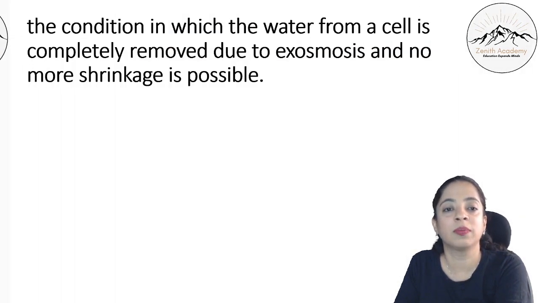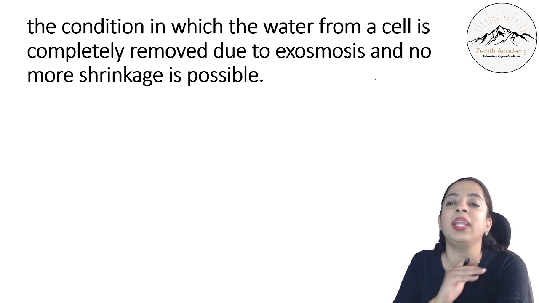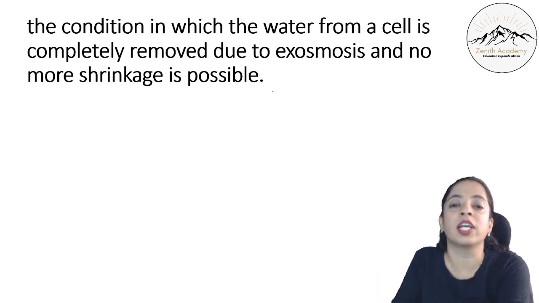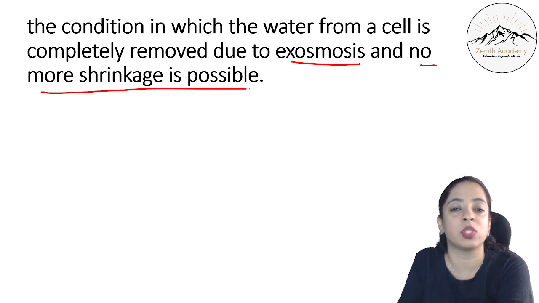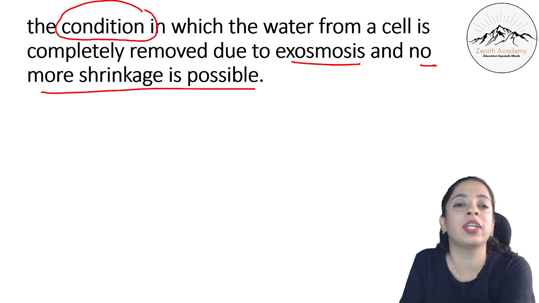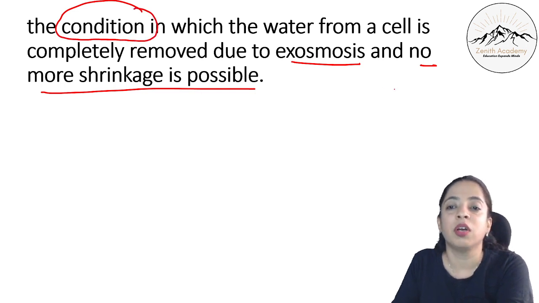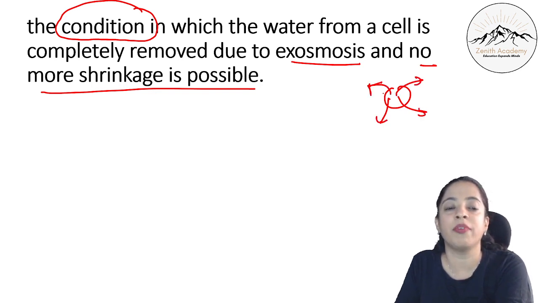Let's go ahead. The condition in which water from a cell is completely removed due to exosmosis and no more shrinkage is possible. Okay, so you have to give the technical term for that condition in which all the water has been removed from a cell and now there is no possibility of any shrinkage.